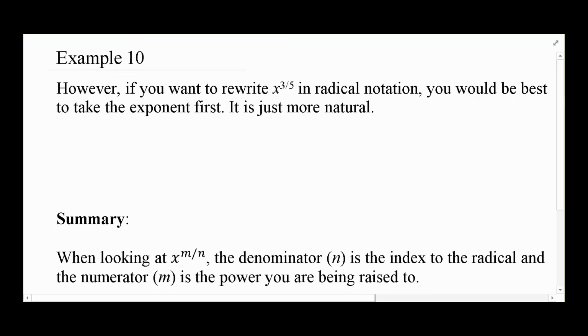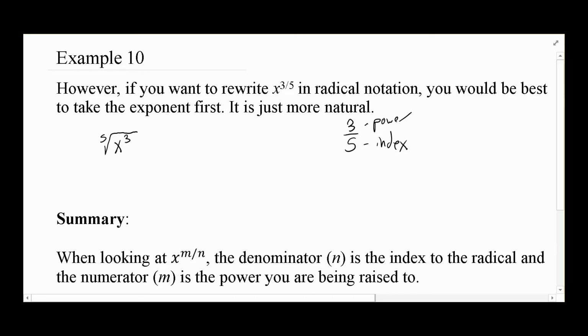So let's look at if we are dealing with variables. If I have x to the 3/5 power, where my exponent is 3/5, I know that 3 is my power, 5 is my index. If I want to rewrite this, it looks a little bit nicer when I have the fifth root to just put the cube directly on the x.